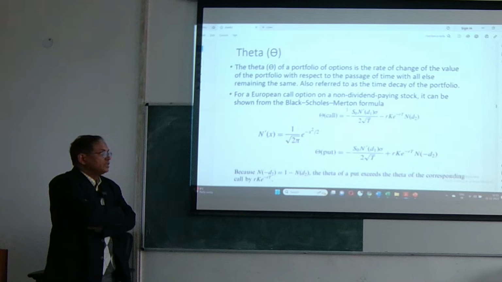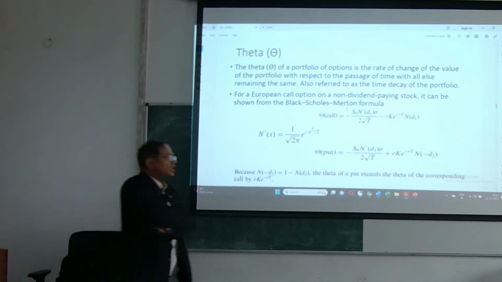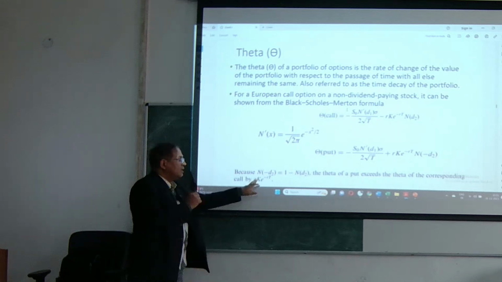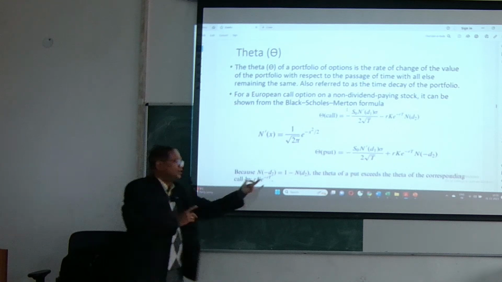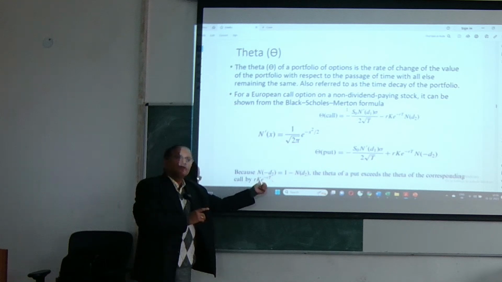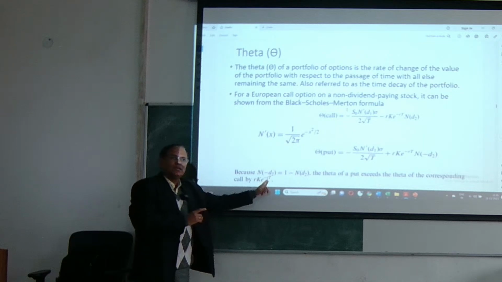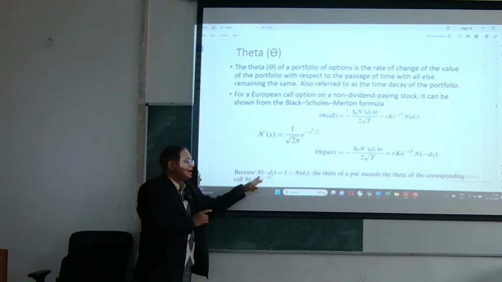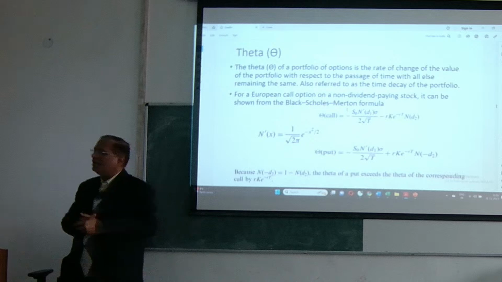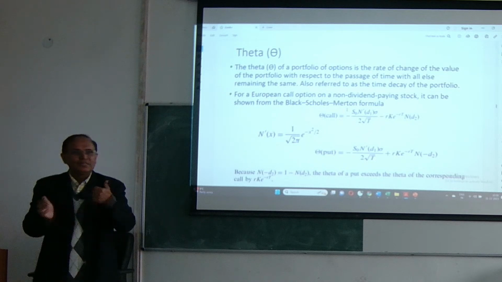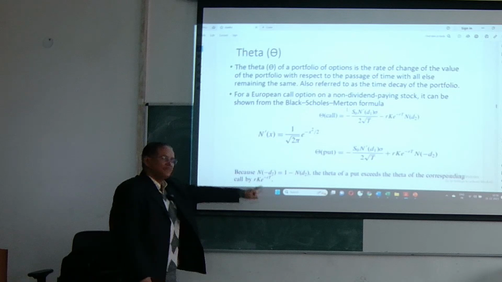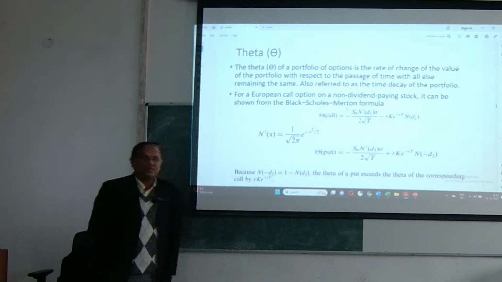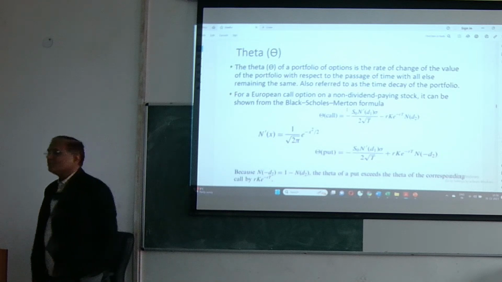The theta of a put exceeds the theta of a corresponding call by rK e to the power minus rT. K e to the power minus rT is nothing but the present value of K. E to the power minus rT is the discounting factor for that given time frame. So basically it is r times the present value of K, where K is the strike price and r is the risk free rate, and that is what the value of theta is going to be. So the risk free rate, how it is going to get applied.